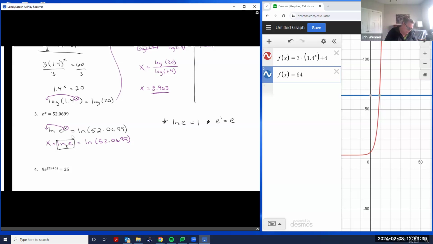And when we do that, we don't really need to have the 1 anymore, right? 1 times x is still x.